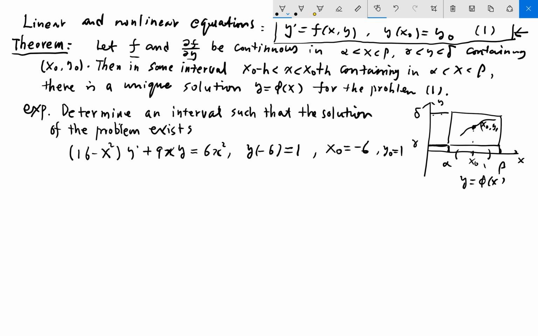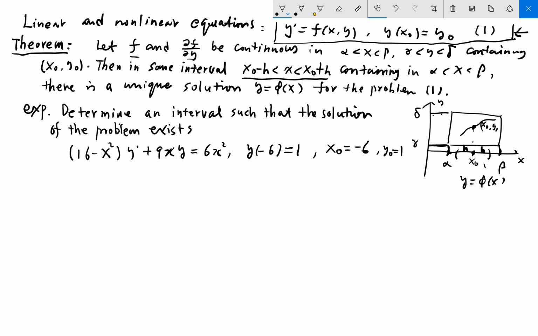If both functions, f and partial f partial y, are continuous in such a rectangle, then there must exist an interval with x0 as the center, with length h on each side, which is within the interval alpha to beta.